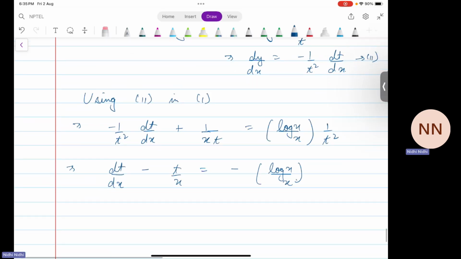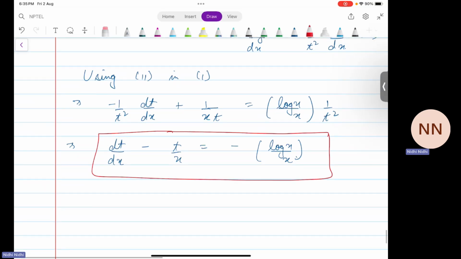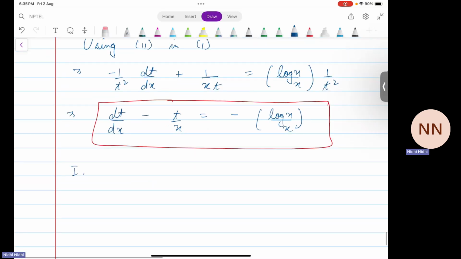So now we are in the framework of linear equation. This is a linear differential equation in variable t. So how do we start? We start with the integrating factor. Here the integrating factor is given by e to the power integral of -1/x dx, which is e to the power -ln x, which is 1/x.